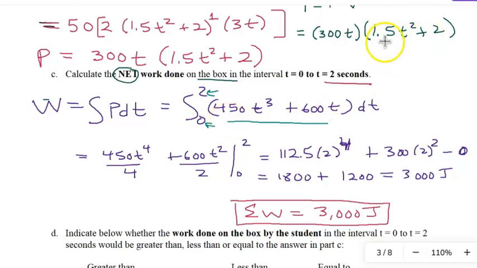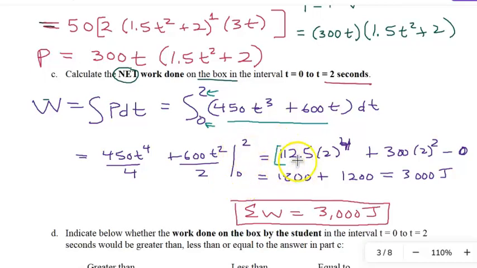So what I did was multiply that out, so I got a nice cleaner function, an easier polynomial to look at. And then use the antiderivative power rule: you add 1 and then divide by 4, add 1 and then divide by 2, and then you evaluate it between 0 and 2.